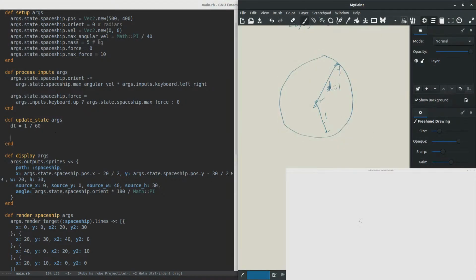We have our vehicle, and we want to apply force to it. So first of all we want to apply it in the direction that we're facing. For that, we need to create a vector. And this vector will be based on the cosine and the sine of our orientation.